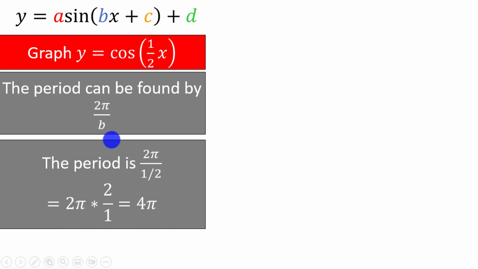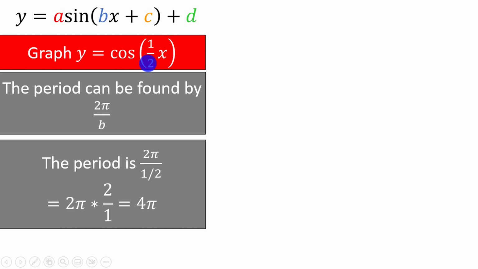Let's think for a moment why 2 pi over b can be used to find the new period. Recall that the untransformed version of cosine or sine has a period of 2 pi, so once the inside of the argument reaches 2 pi, the function will start to repeat itself. So the question becomes, what value for x would we have to input into the function in order to get 2 pi? Well, we would have to input 4 pi.